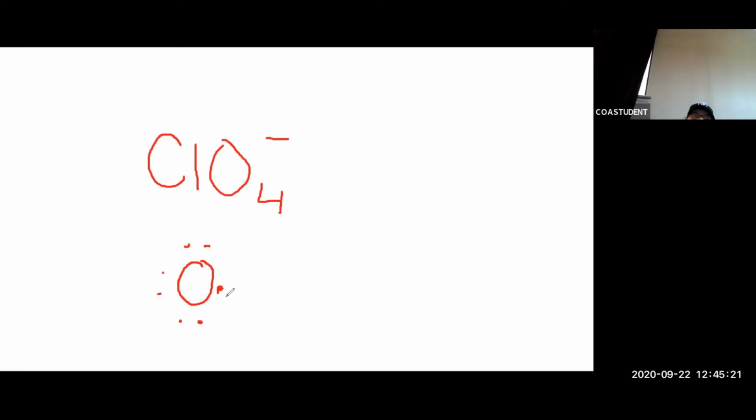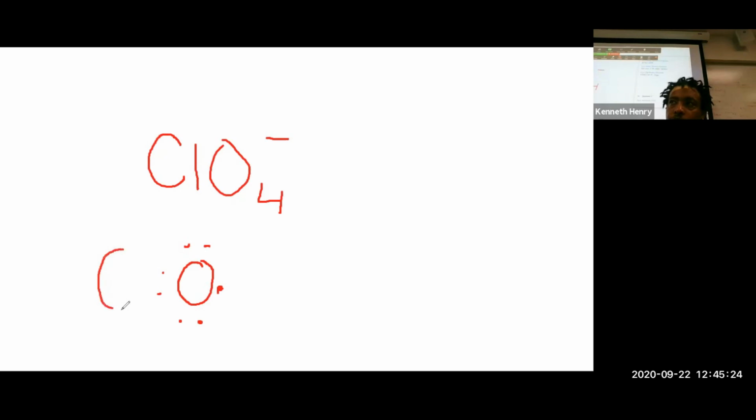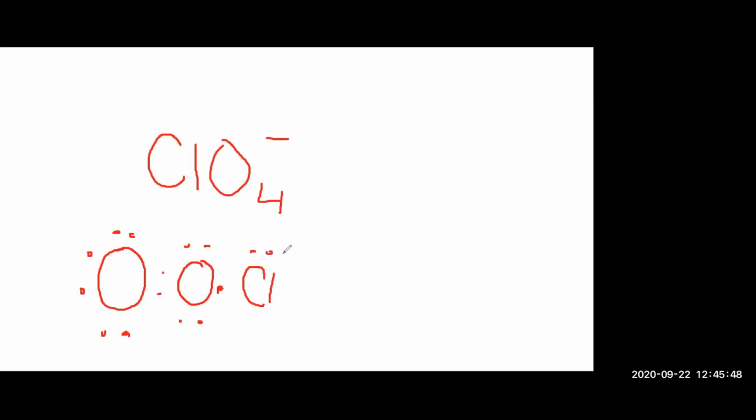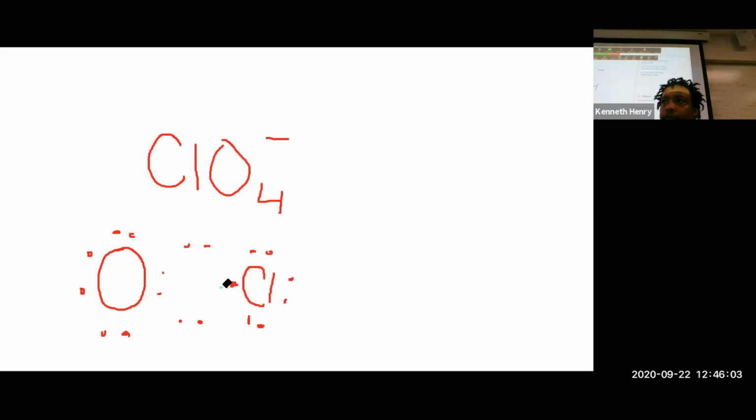So if we have another oxygen, it has how many around it? 6. Okay, so that's 2 oxygens that we have accounted for. So if I put my Cl here, it has how many around it? 7. Okay, so we got the formation of a first bond here.